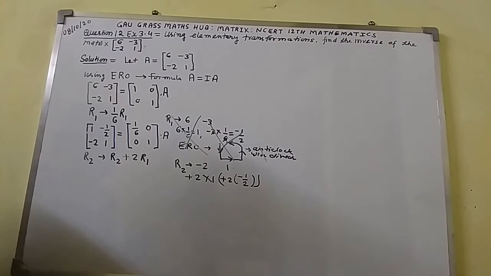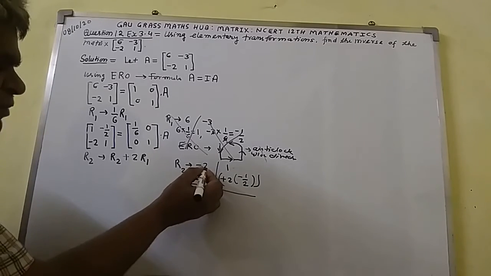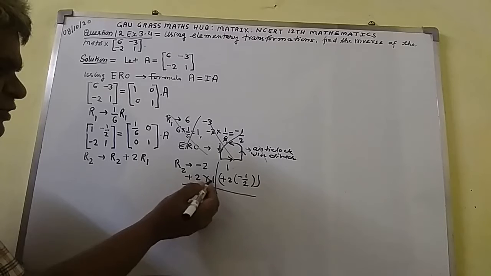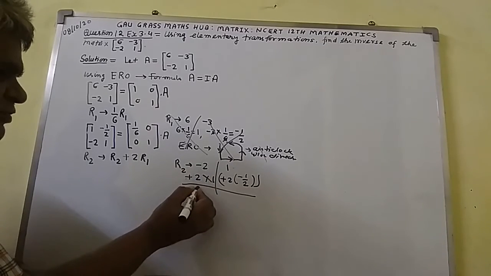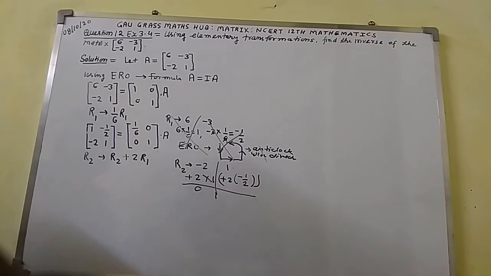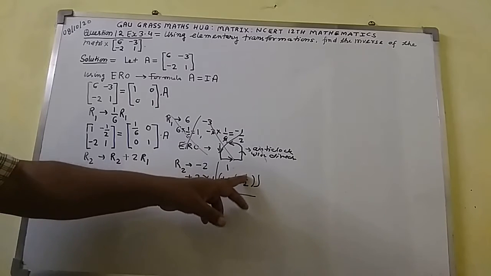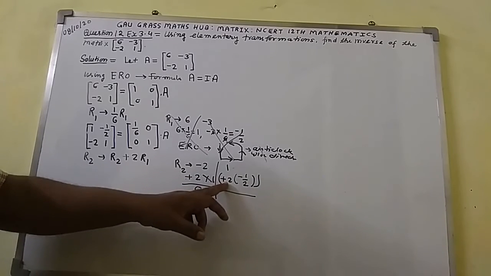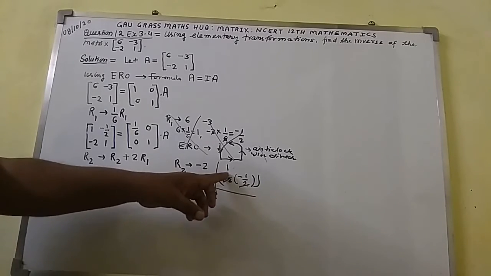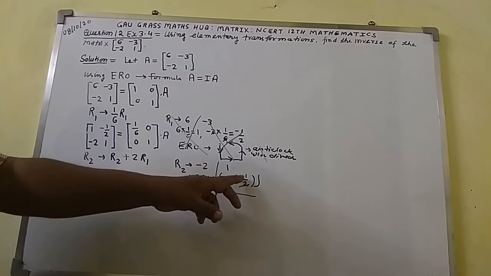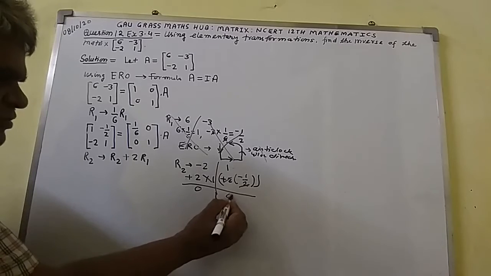So if you do the operation here, -2 plus 2 into 1 comes out to here 0. And here -1/2 will multiply to plus 2. This 2 will be cancelled out. Here you will get 1 multiplied by -1 comes out to -1 only. Plus 1 minus 1 comes out to here 0.